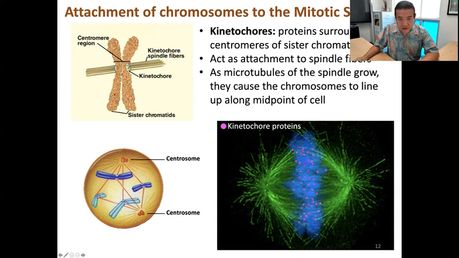So maybe the one on the left, let's just pretend it's the original one. The one on the right was the copy that was made, right? But they're still kept together to help keep it organized, right? So the spindle fibers will attach to special protein complexes known as the kinetochore at the center of the sister chromatid, the X-shaped structure, right?